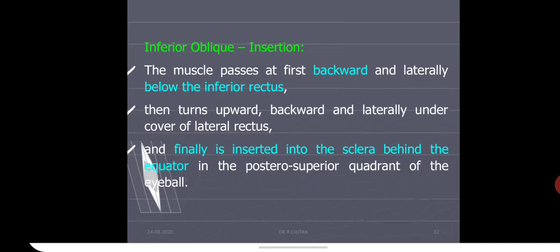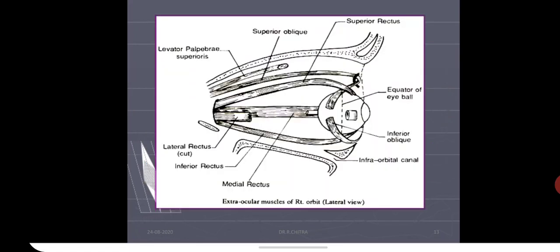Both the obliques are close when near their insertion in the postero-superior quadrant of the eyeball. Again, this picture is a good picture to draw the oblique muscles. You observe the superior oblique in the upper part, superior rectus also, inferior rectus, and also see the inferior oblique. Floor of the orbit, from the orbital surface of maxilla.